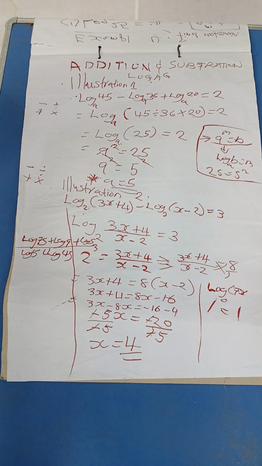Find the value, solve that one and get the answer. Log 75 plus log 9 plus log 5 divided by log 5 plus log 45.